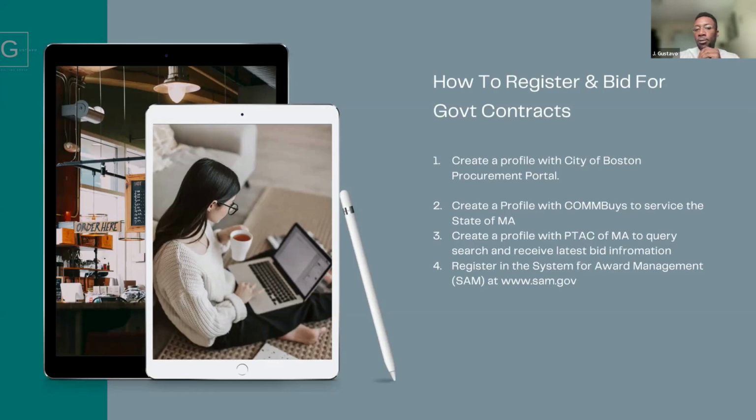And from there, just like the very first step, you will create a profile, and then you can begin to see exactly what bid opportunities are available. On any given week, any given day, there's at least 100 to 1,000 different bids, because again, this is for the entire state of Massachusetts. We're talking about Holyoke, Springfield, Worcester, Framingham, Leominster, Boston, Cambridge, you name it.